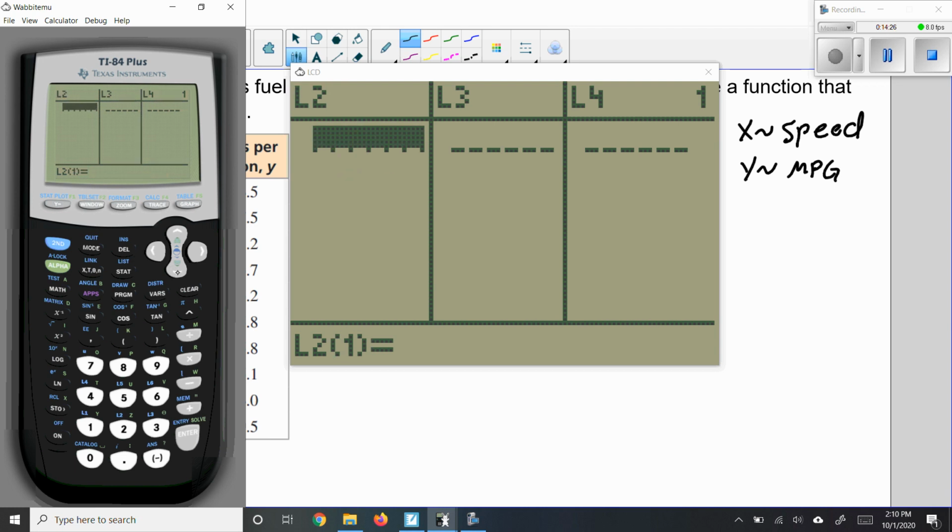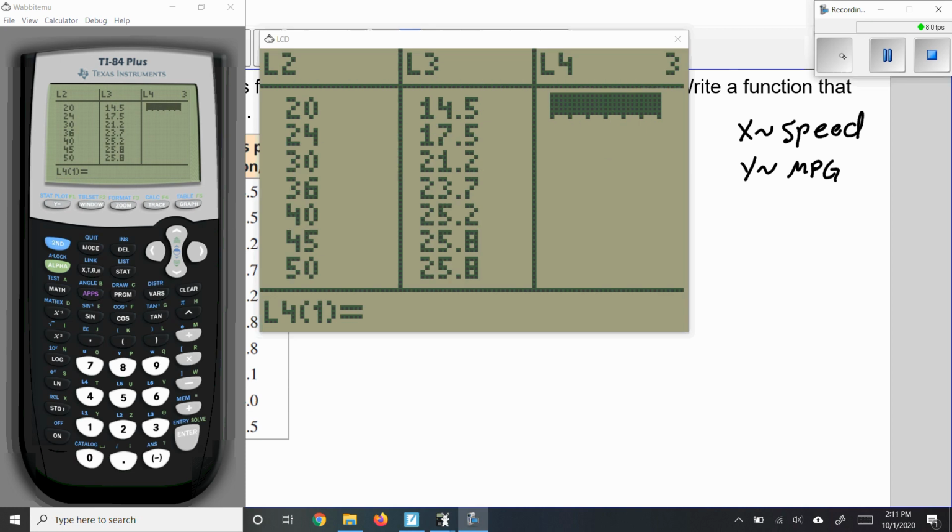I accidentally deleted L1. So now I only have L2 and L3. Well, that's okay. We'll just put our X values in L2 and our Y values in L3. So now that I have all of the X's and Y's input into my calculator, make a note that X is in L2 and Y is in L3.